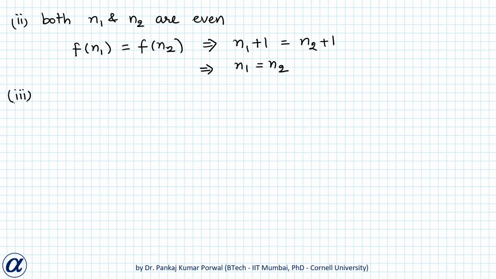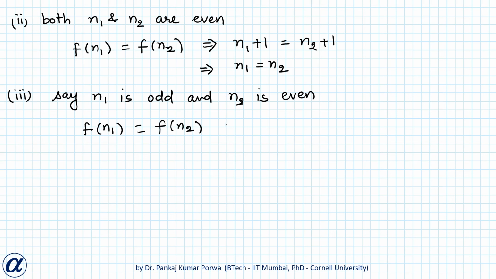And the third case is when one of them is odd and another one is even. Say n1 is odd and n2 is even. In this case, f(n1) equals f(n2) will imply, for f(n1) we will have to use the definition when n is odd, and for f(n2) when n is even. So this will imply n1 minus 1 is equal to n2 plus 1, and this gives me n1 equals n2 plus 2.